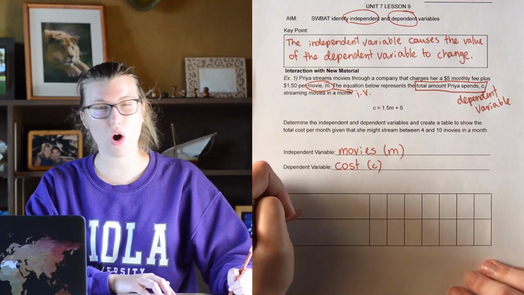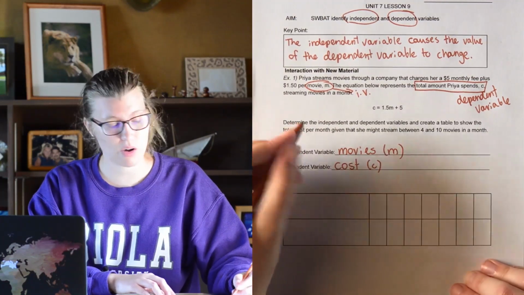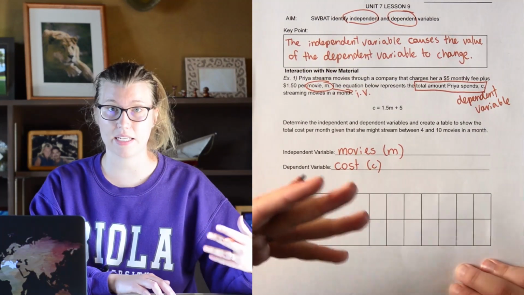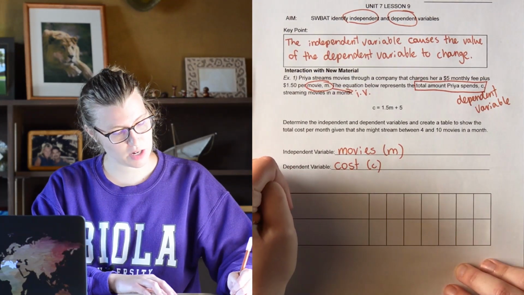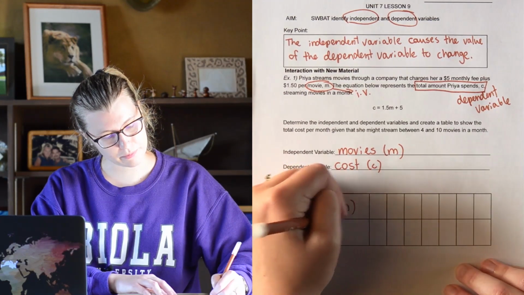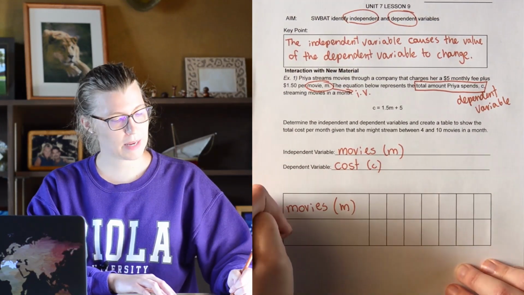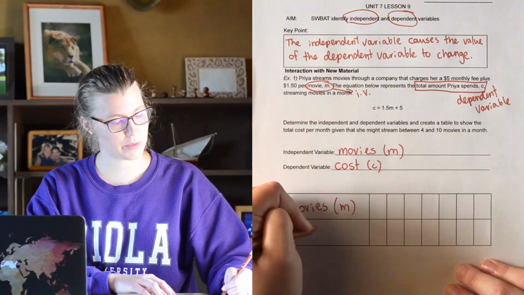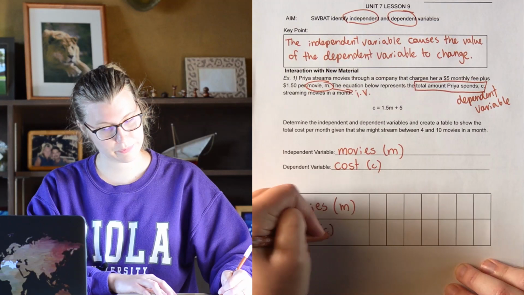Okay, so always, they like to put our independent variable first because that's what I decide. So my independent variable, my movies, is going to go up here. And my cost, which depends on how many movies I watch, is going to go right here.